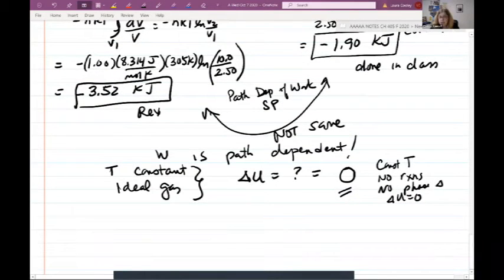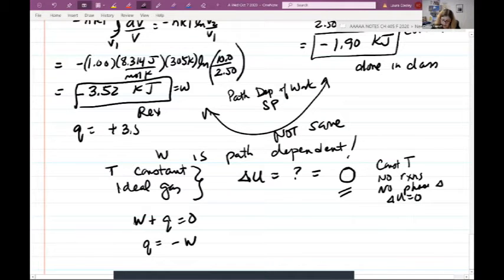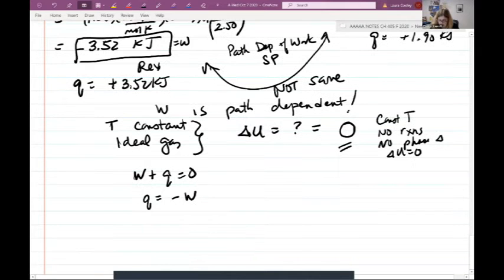Since the work is different, the heat is different. W plus Q is equal to 0 for our particular example. Here the Q is plus 3.52 kilojoules, and here the Q is plus 1.90. I talked about how you needed heat to flow in, or else the system would cool as it expanded.